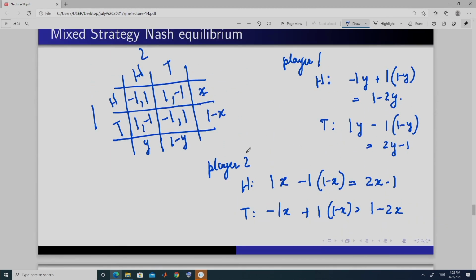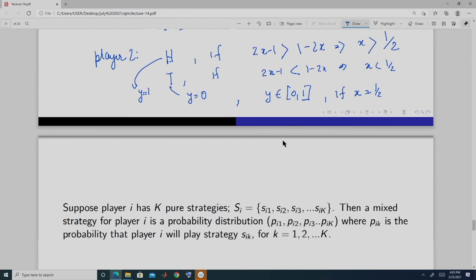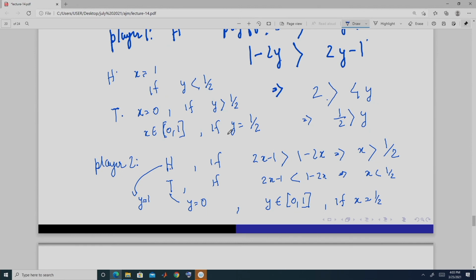Okay. So if you look at these two, this is called the reaction function of player 1, and this is called the reaction function of player 2. We see that x equal to half and y equal to half is a Nash equilibrium, and that is a mixed strategy Nash equilibrium.